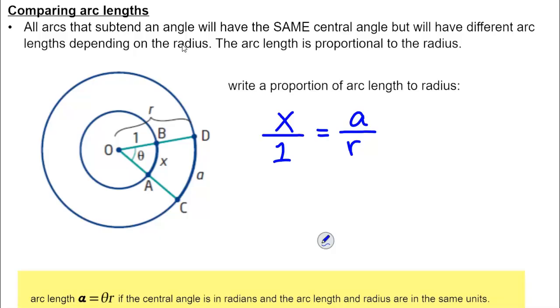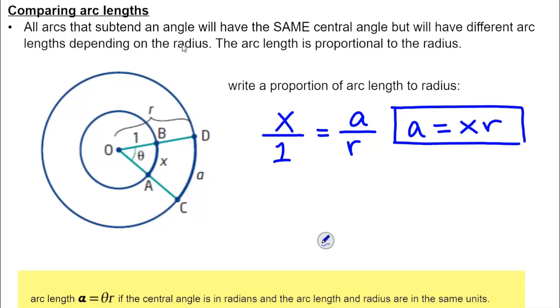And if we solve for A, if we cross multiply here, A times 1 will just be A, and X times R. This formula to finding the arc length works if we're using radians, so not degrees, this has to be radians, and that the radius and the arc length are measured in the same units.